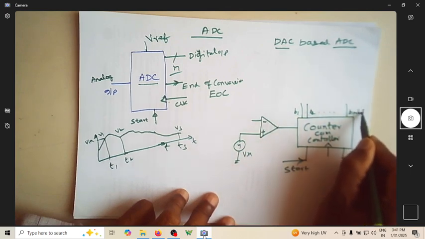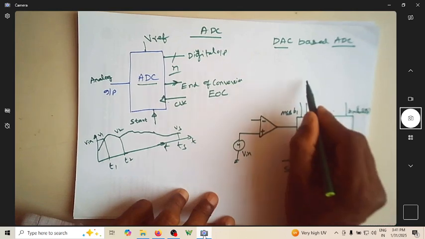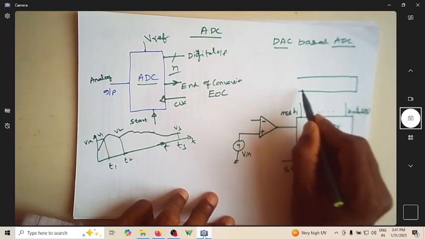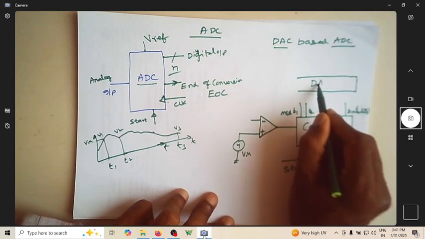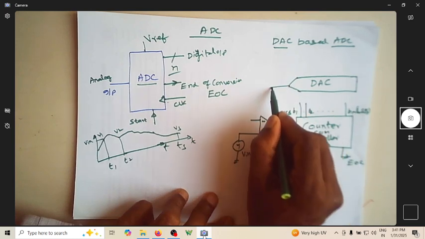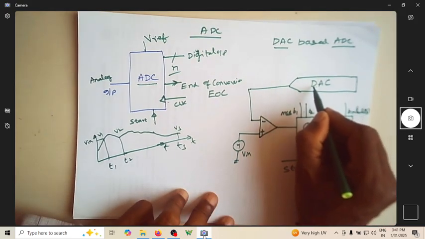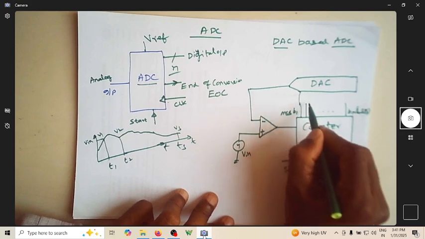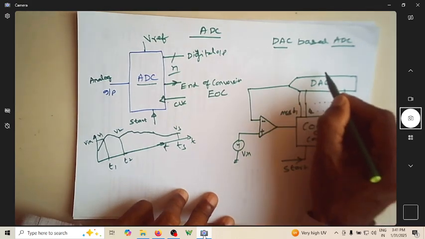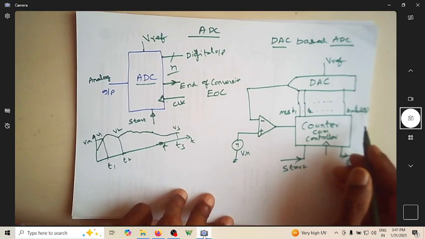Let me say this is LSB, this is MSB. So that will be given as the input to the DAC. This is the digital to analog converter, and this will give an output voltage. That output is compared with the input, because we know that the input for the DAC is the digital input coming from the counter, and this DAC requires a reference voltage.